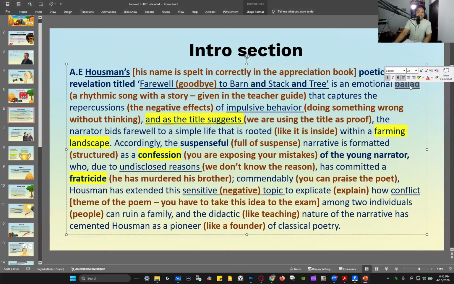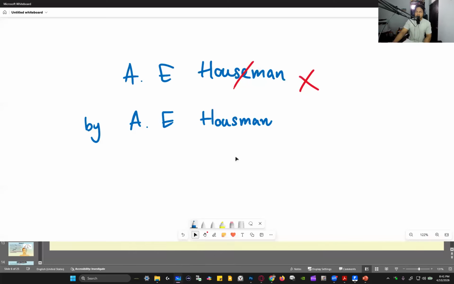What do you mean by a ballad? A ballad is a rhythmic poem with a story. It is a traditional poem that narrates a story and has a rhythm. For a poem to be classified as a ballad, it must be a traditional poem.